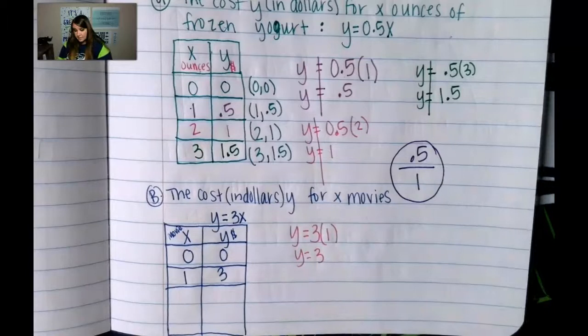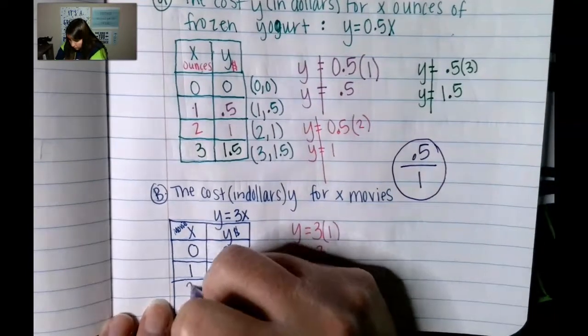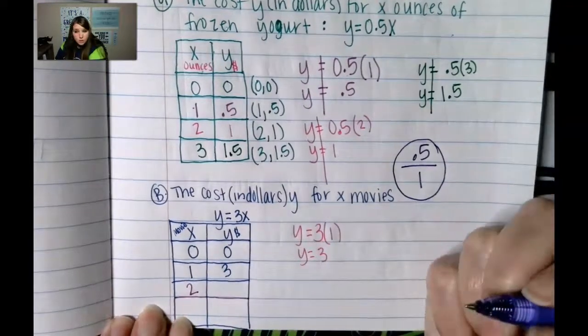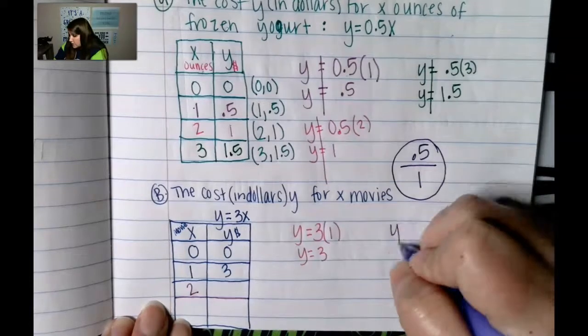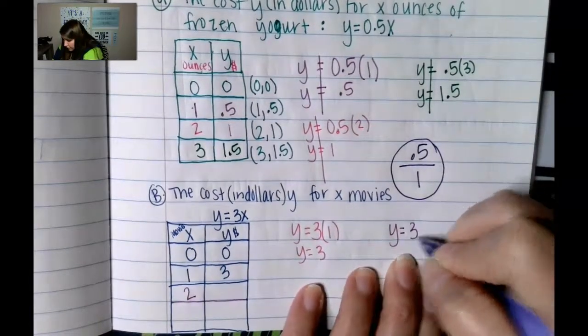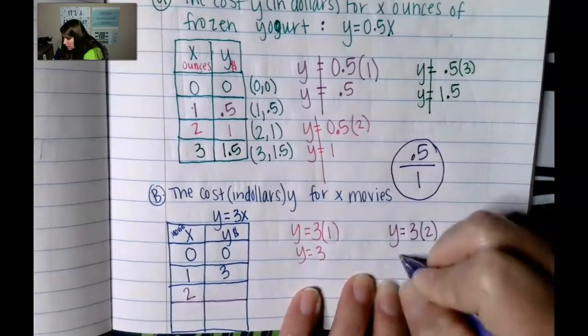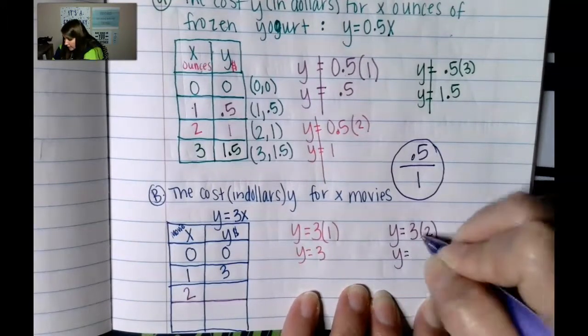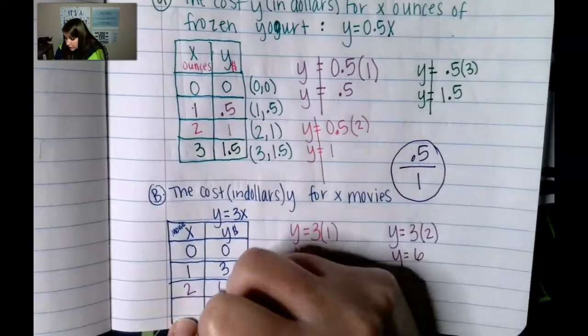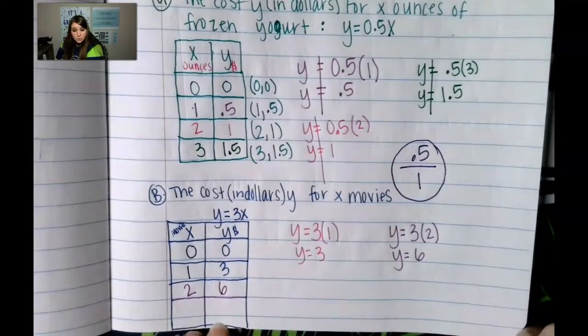Now, let's look and see how much it costs when I rent 2 movies. So if I rent 2 movies, how much do I have to pay? Well, let's look. Y equals $3 times 2 movies. So Y equals 6. I pay $6 for 2 movies.